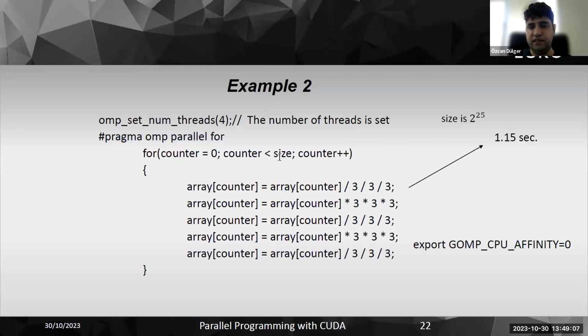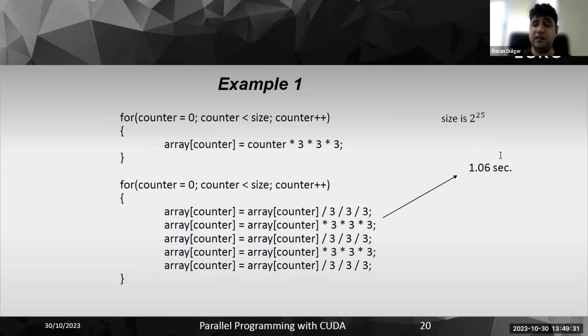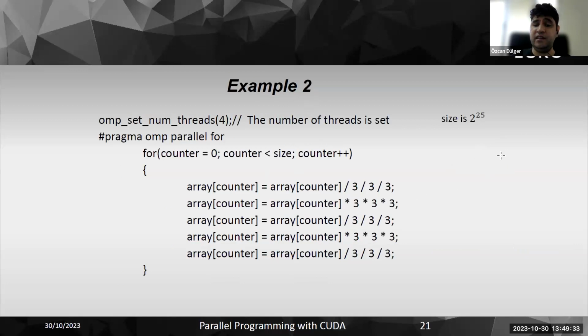When we run it, if we set the affinity to 0, that means only the zeroth core is active. Here we obtain 1.15 second execution time with 4 OpenMP threads. This is even worse than the serial implementation. So as you see, this is not the true approach for us.